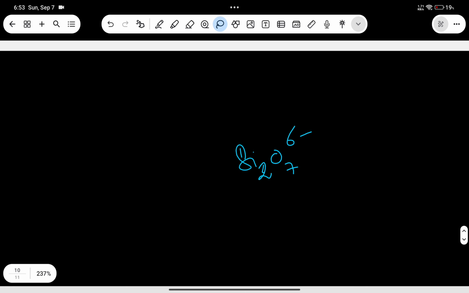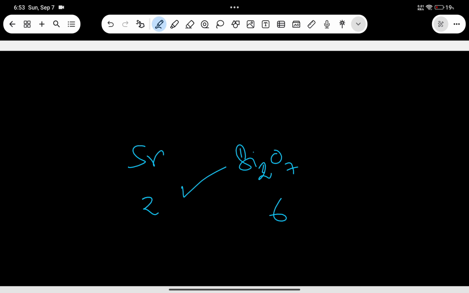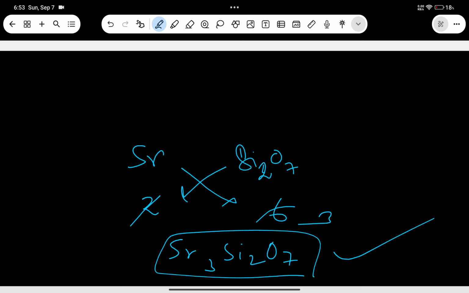Strontium valency is 2, and the valency here is 6, then crisscross, you can cancel, it will become Sr3 (Si2O7)2, and this is the correct answer.